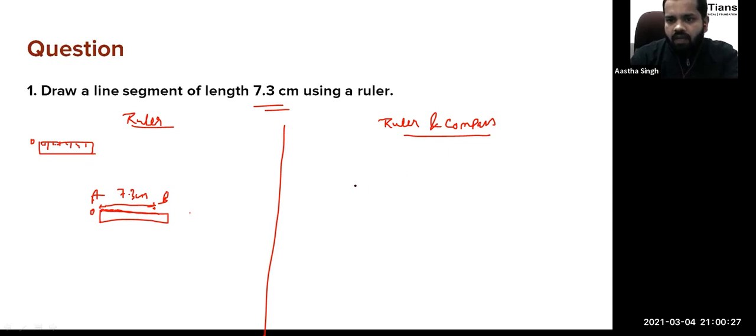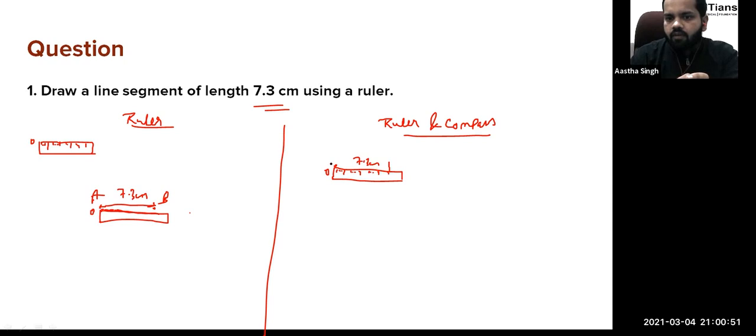Now, with the help of a ruler and compass, a ruler is there. Make the pointed end of your compass at the 0 point and your pencil at 7.3 centimeter.